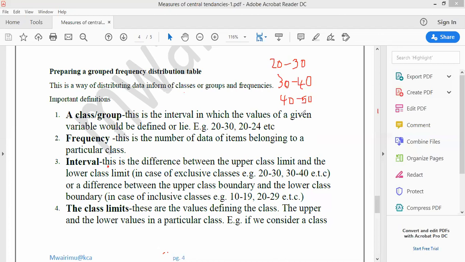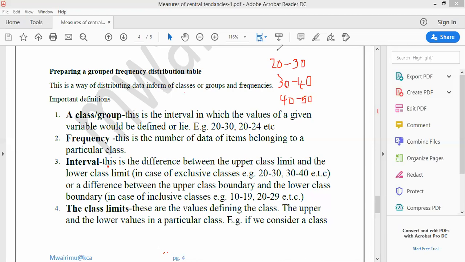I hope that one is clear. The way you choose your classes matters a lot because it will tell you how you are going to do your calculations later. I have indicated a class of 20 to 30, a class of 30 to 40, and a class of 40 to 50.